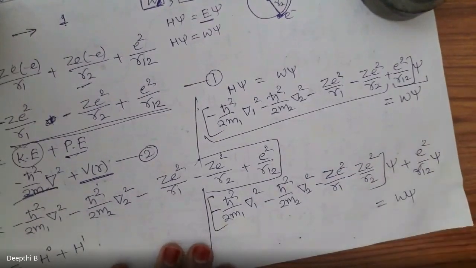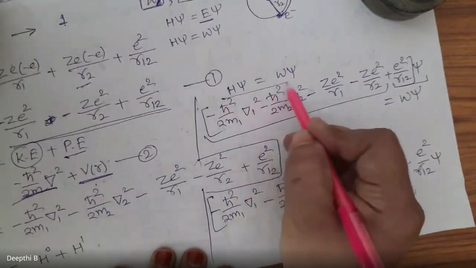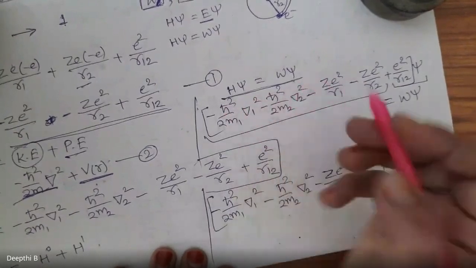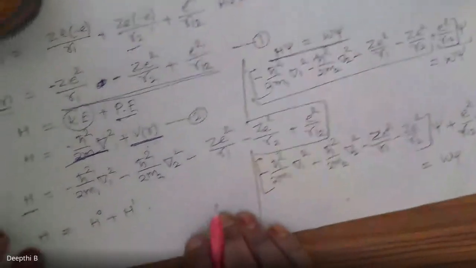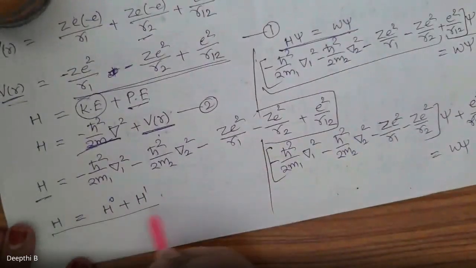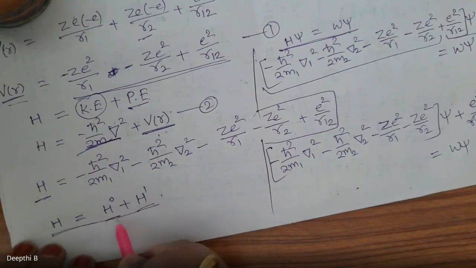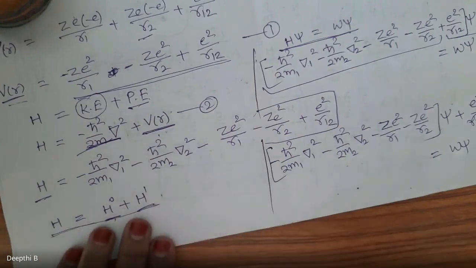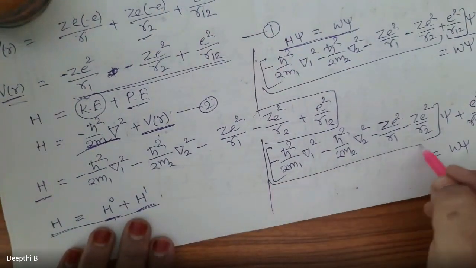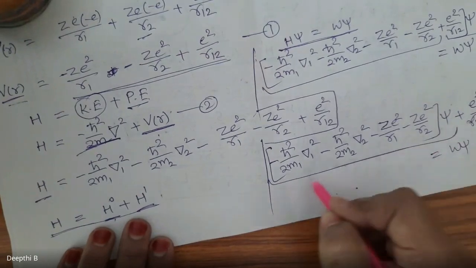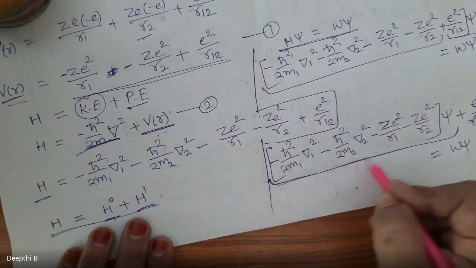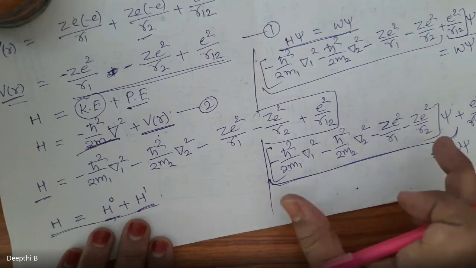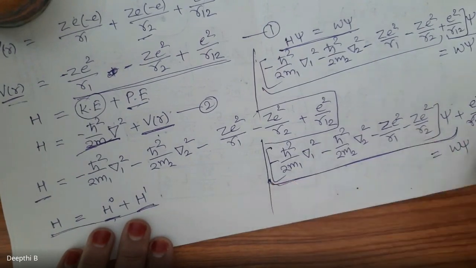Now you can see the equation H psi is equal to W psi. Now we come again to that equation, H is equal to H naught plus H prime. H naught is the unperturbed Hamiltonian and H prime is the perturbed Hamiltonian. So you can see in this equation, this term is denoted by H naught, the unperturbed Hamiltonian, which shows the unperturbed energy, and this term shows the perturbed energy.